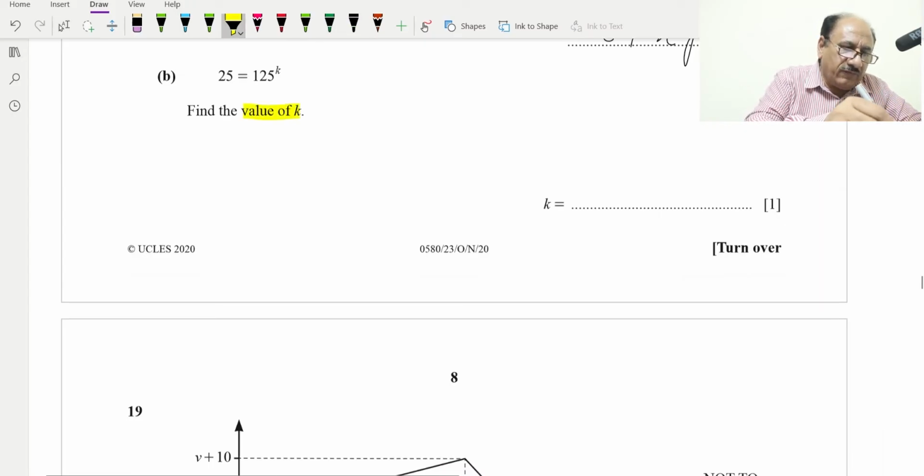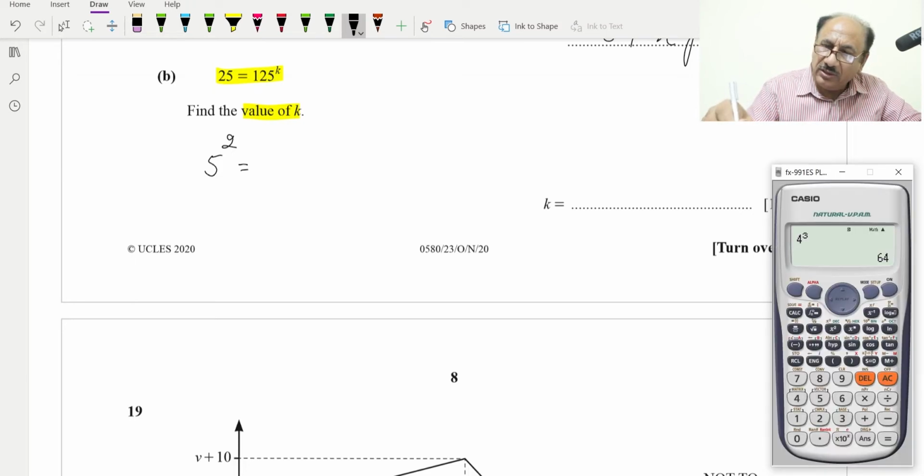Now B part, 25 is equal to 125^k. Find the value of k. This is the expression given. So what we will do, we can write 5 squared is equal to this one. We can write 5 cubed is equal to 125.